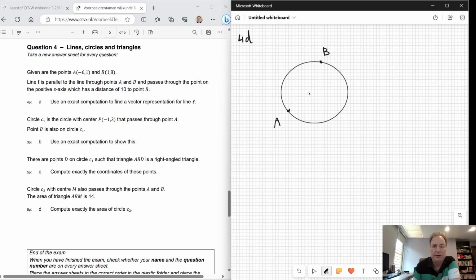From the previous questions, and there's a center somewhere, M, and these can be said to form a triangle.